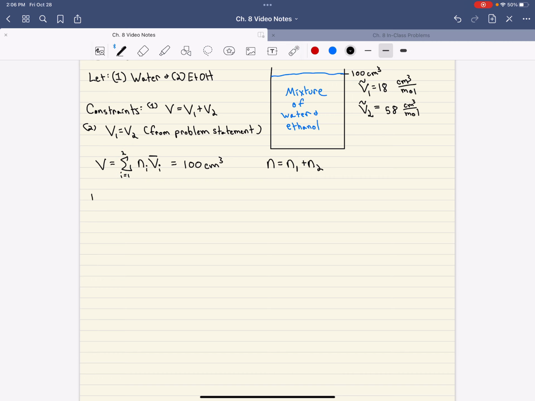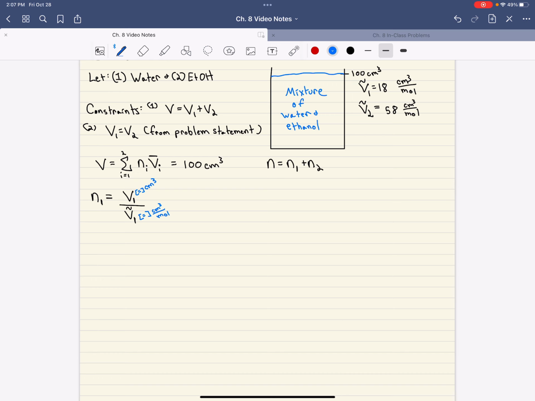Now, to get N1, we know that we could actually get it from the volumes, right? Because we know that the molar amount is just going to be equal to the volumetric amount of species 1, the water, divided by its molar volume, right? Because this here has units of centimeter cubed, and this here has units of centimeter cubed per mole.